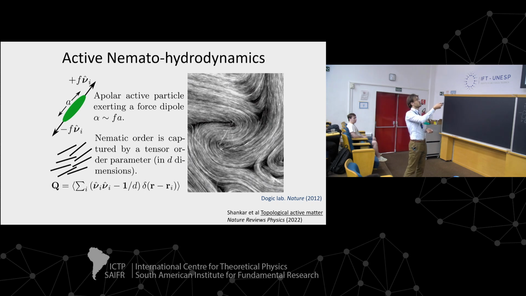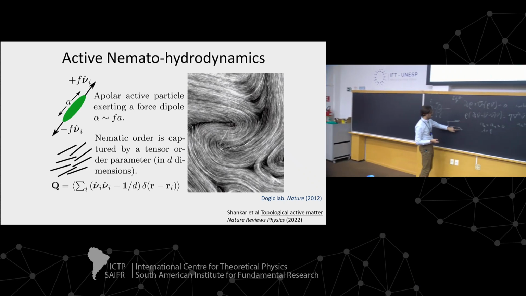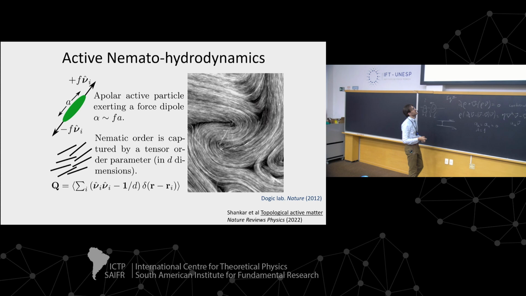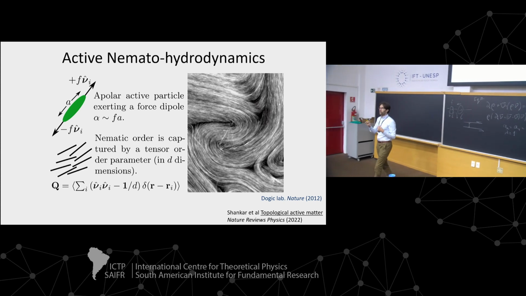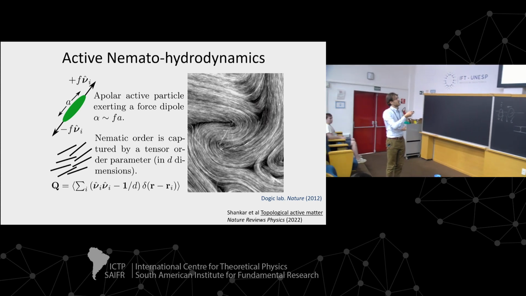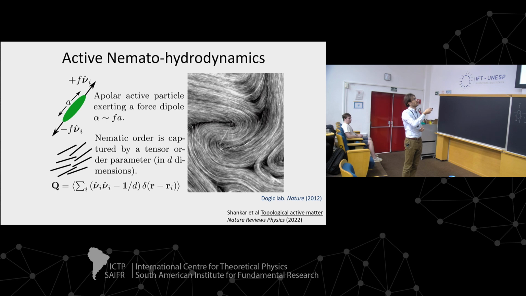You can then model at the level of the particle the effect of the motors as a force dipole. There's one force here and an equal and opposite force here, so there's no net force, but there's a force dipole that's related to the degree of local alignment, which is captured in this nematic order parameter, and the degree of activity. In other words, the number of motors is the amount of fuel that you have, right?